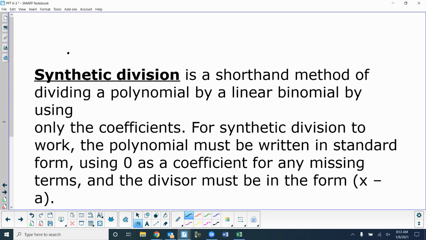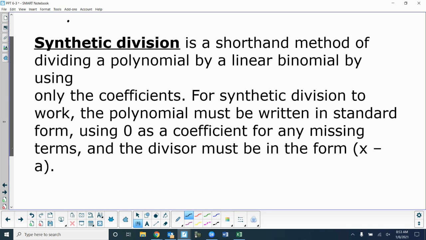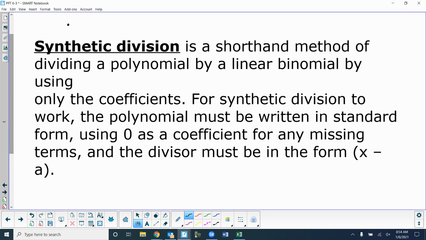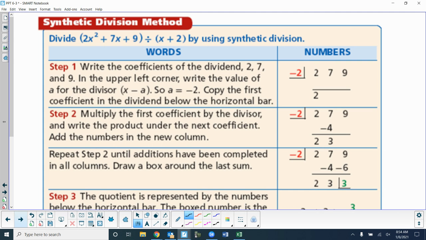The divisor must be in the form x minus a, which means it's a binomial. Okay? So, here's an example. So we got 2x squared plus 7x plus 9 divided by x plus 2. Okay? So what value of x in x plus 2 makes that binomial equal to 0? -2.